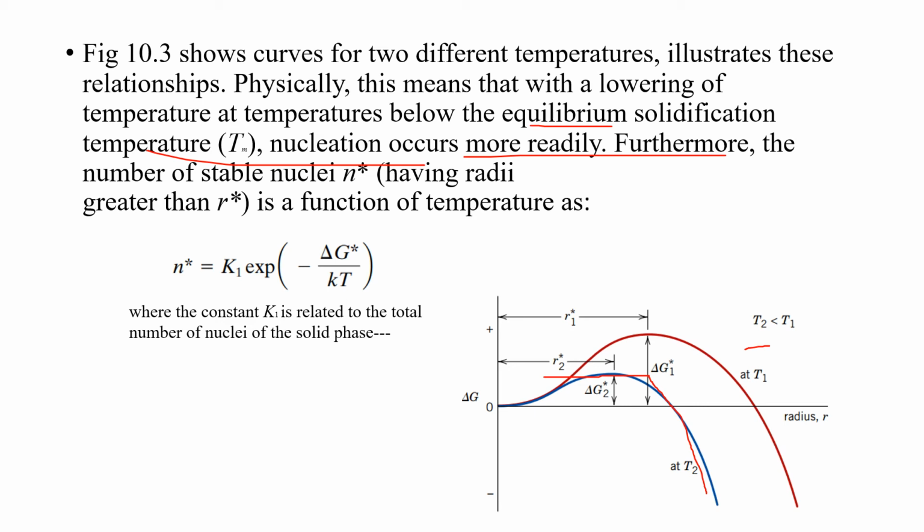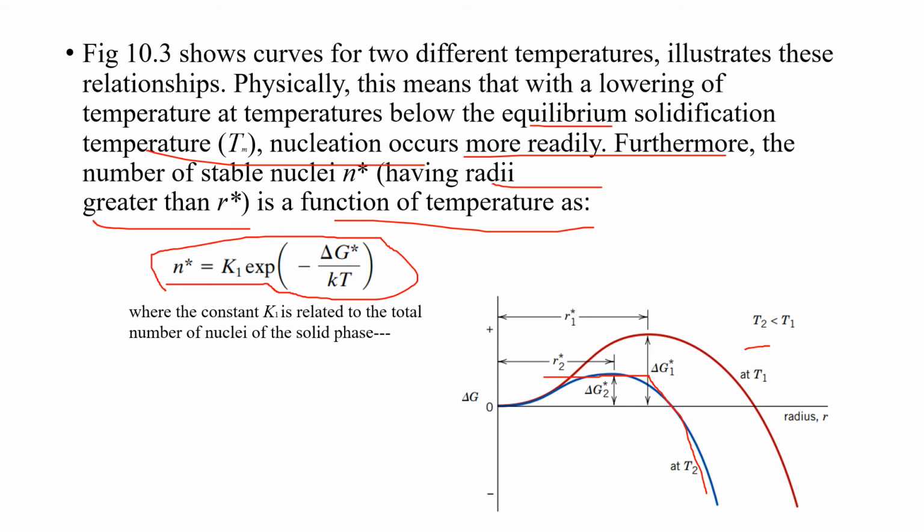Furthermore, the number of stable nuclei n star having radii greater than r star is a function of temperature, as n star is equal to K1 exponential of minus delta G star over kT, where K1 is related to the total number of nuclei of the solid phase.